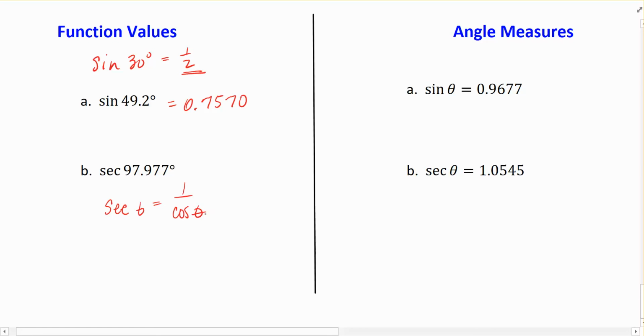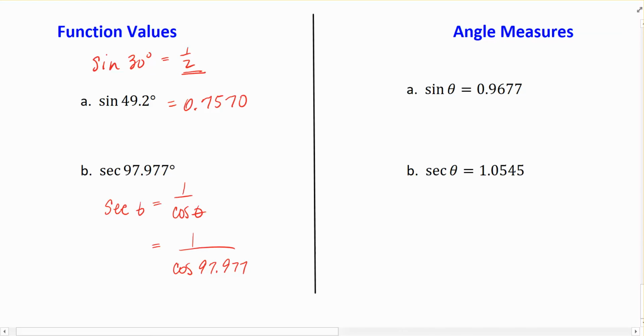So in other words, if I were to take the secant of some angle theta, that value is going to be exactly the same as if I were to take 1 divided by the cosine of that angle.